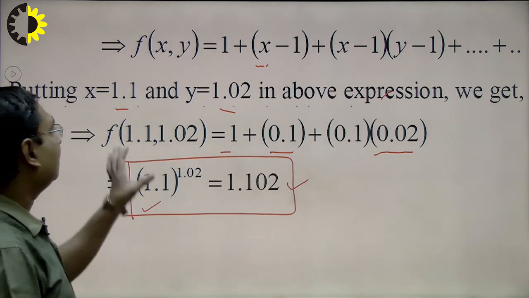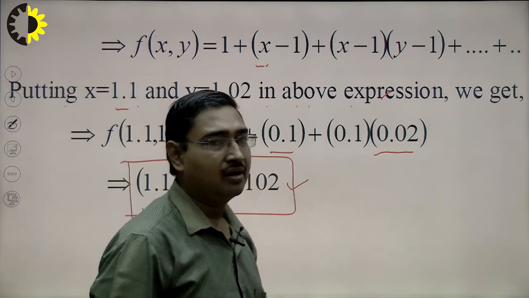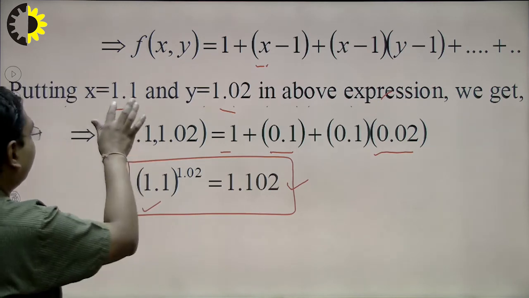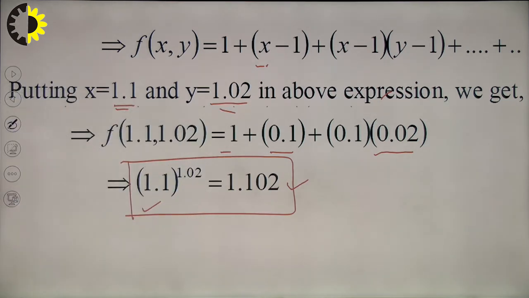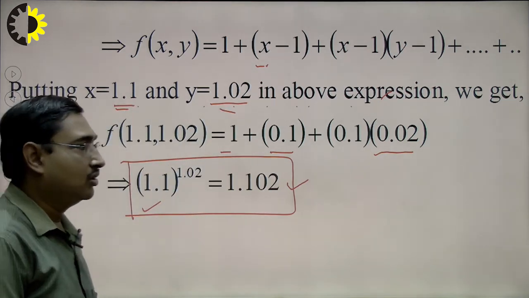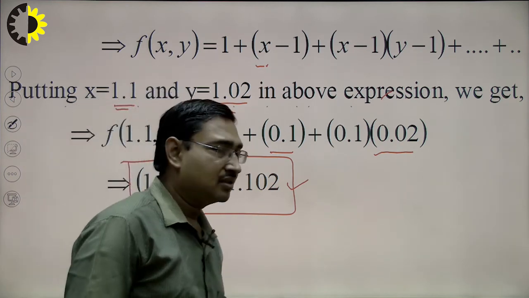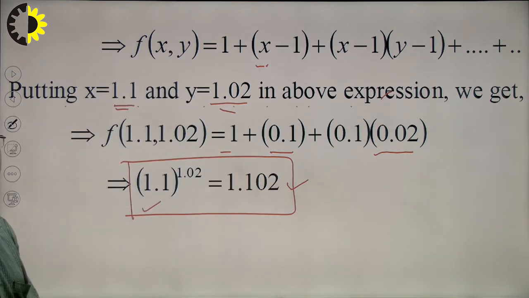Thus what is done? First of all, the expansion was calculated, and substituting the desired values of x and y, I obtained the value of the function which was required at a particular point.